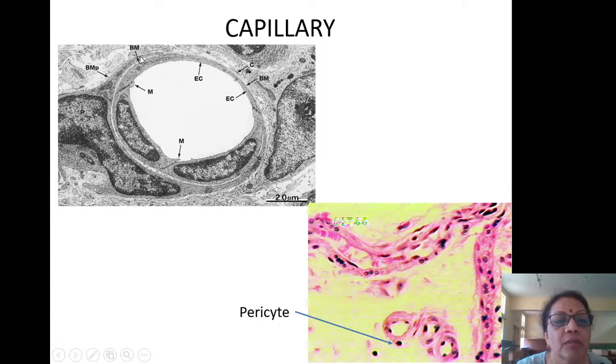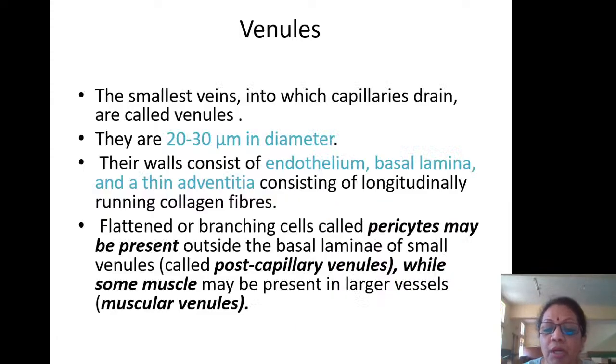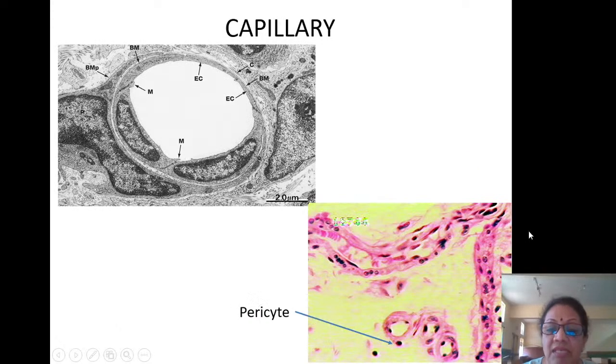So from here to here, it's wrapping the capillary. So a pericyte is surrounding the wall of a capillary and doing certain functions. We'll come to that in the specific organs in which we will show you. But its nucleus will be seen as an extra nucleus over and above the endothelial lining of the capillary itself.